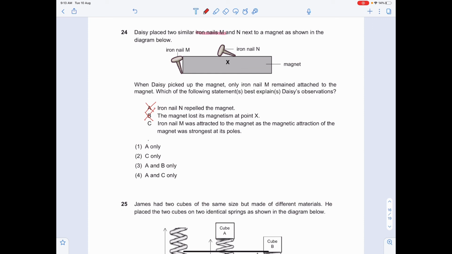So we look at C. Iron nail M was attracted to the pole as the magnetic attraction of the pole was the strongest. Yes, this is actually true. At the two ends, the poles, the strength of magnetism of the magnet is the strongest, and that's why your iron nail remained attached. So the answer should be C only.